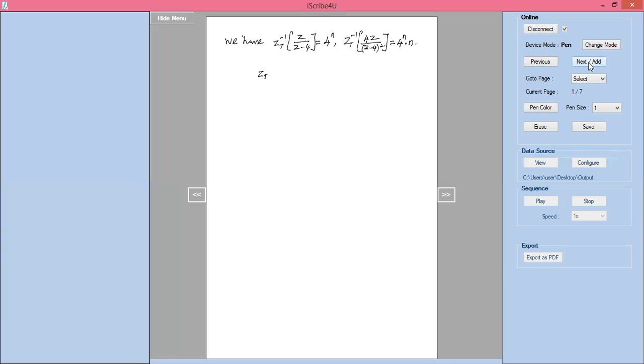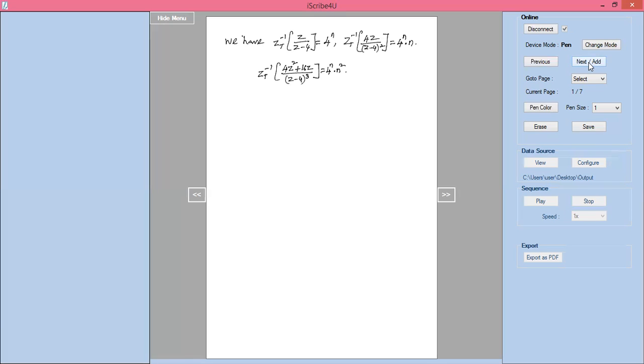Next, z inverse of 4z square plus 16z, 4 square I'll write, 16z, divided by z minus 4 whole cube equals 4 power n into n square.